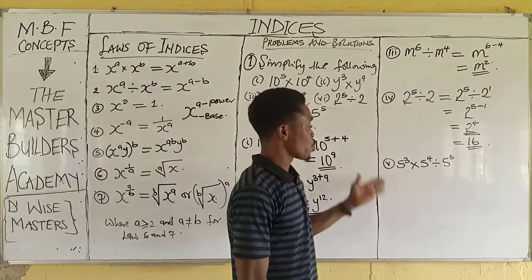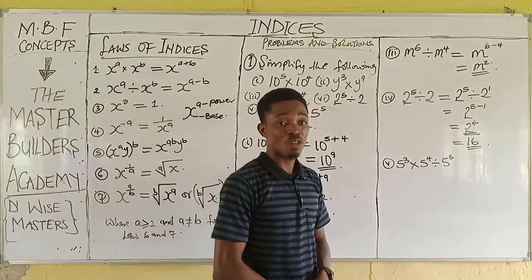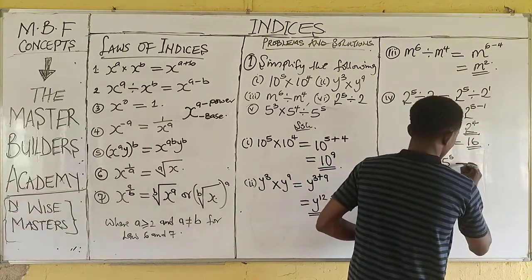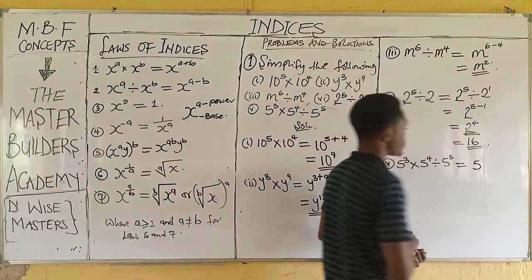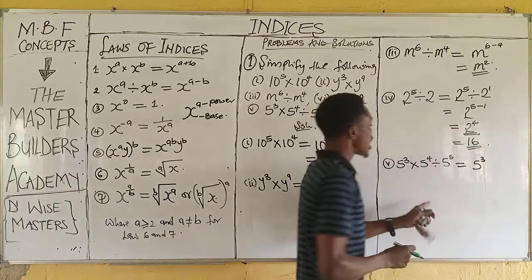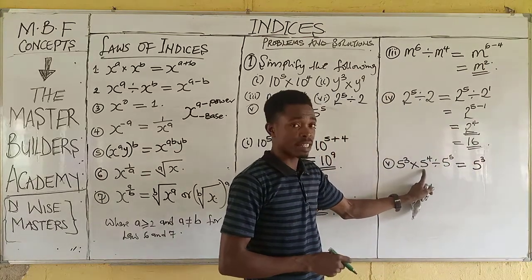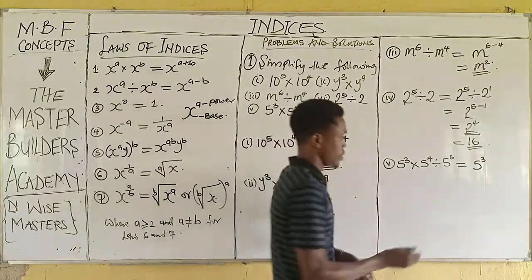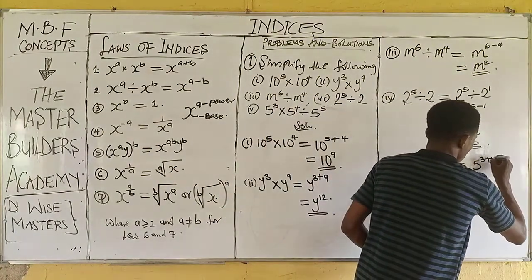So what do we do? All I need to do is to first check if they all have equal base. Of course they do. All I just need to do is to pick one of the bases. Now go with the first power, which is 3. Now what connects the second base to the first base is multiplication, and therefore we are going to add the powers. We have plus 4.